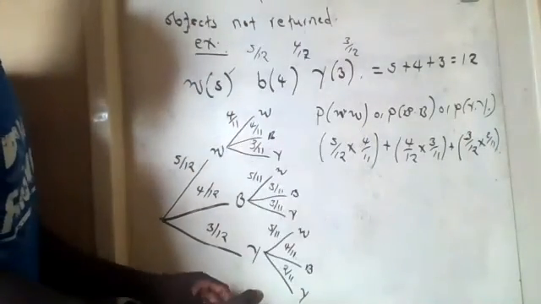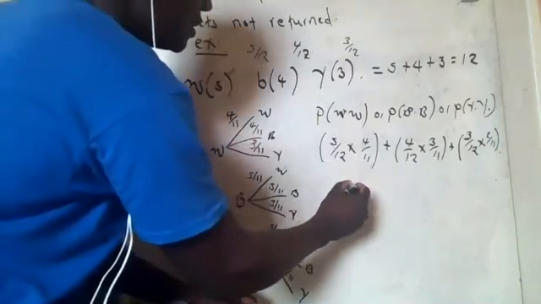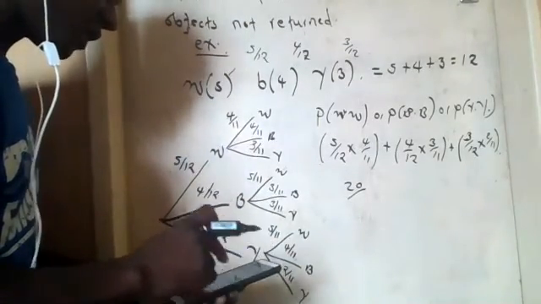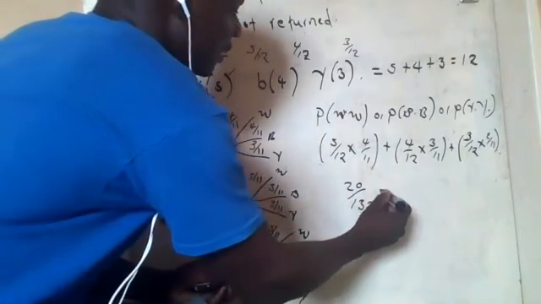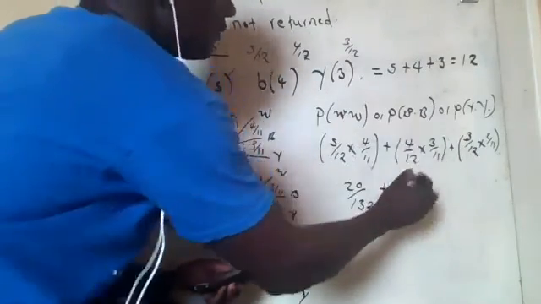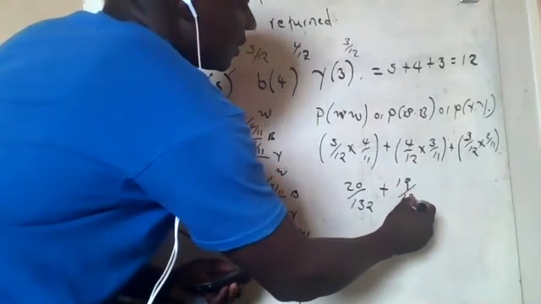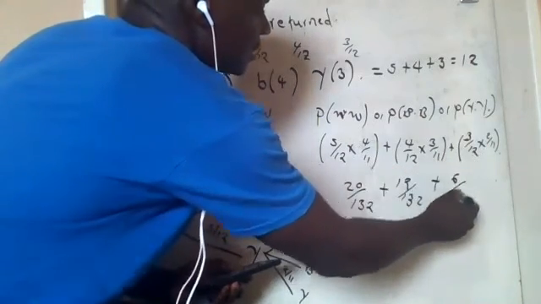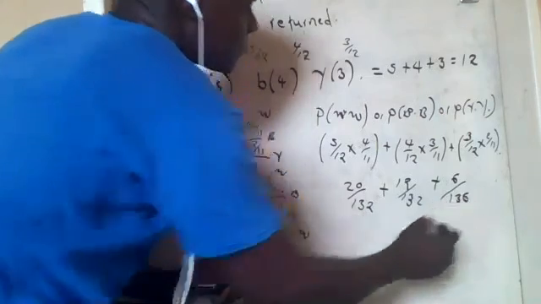That is now a very simple algebraic expression that we have. So 5 times 4 is 20 over 11 times 12, which is 132. We add 3 times 4, that is 12, over 11 times 12, that is 132, plus 2 times 3, that is 6, over 11 times 12, that is 132.